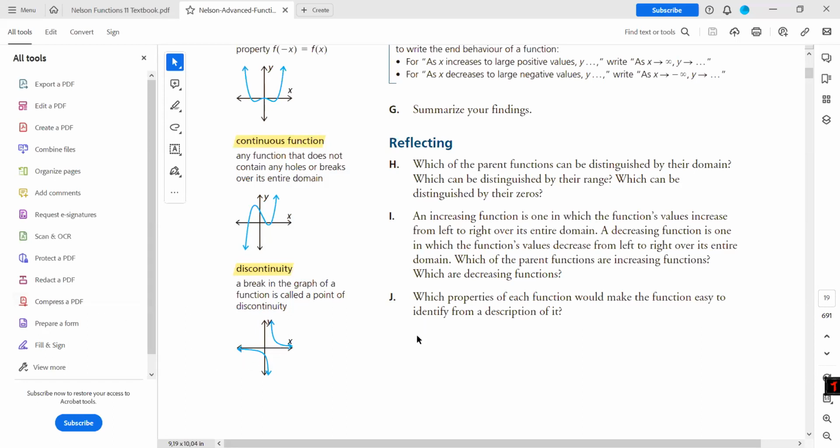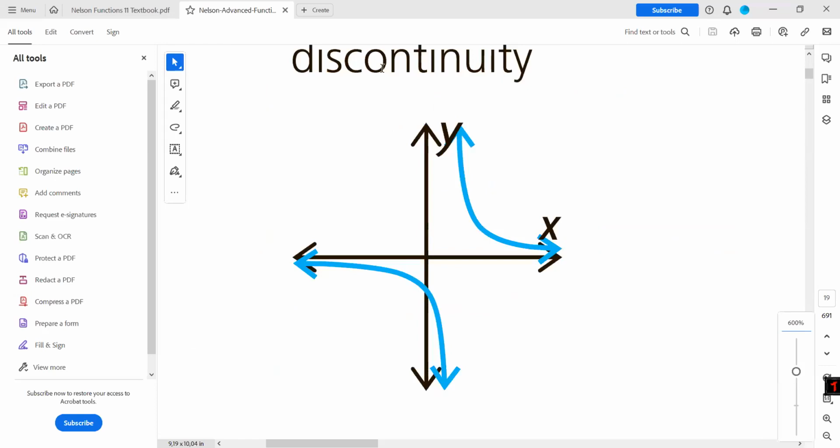For example, on this graph, this is an exponential function, and you can clearly see on this drawing that in the middle of this graph, right here, there are no values for x.